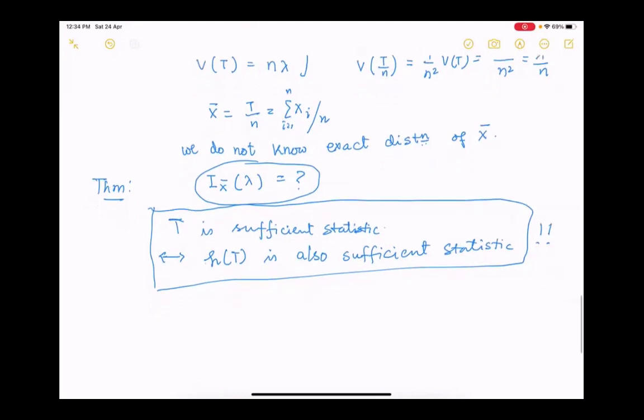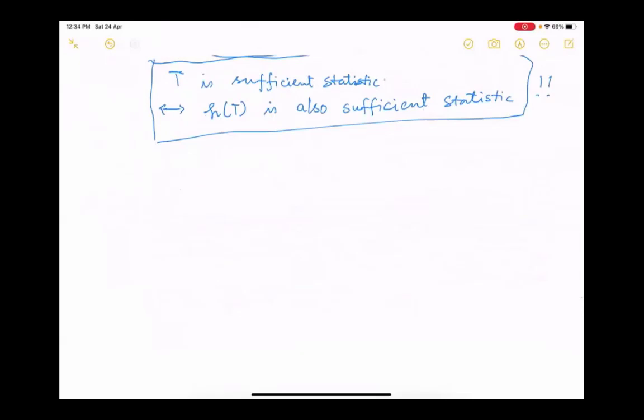Now I am going to take a detour. I'm moving from Nitis Mukhopadhyay's book to Casella and Berger on statistical inference, the way most textbooks define sufficient statistics.